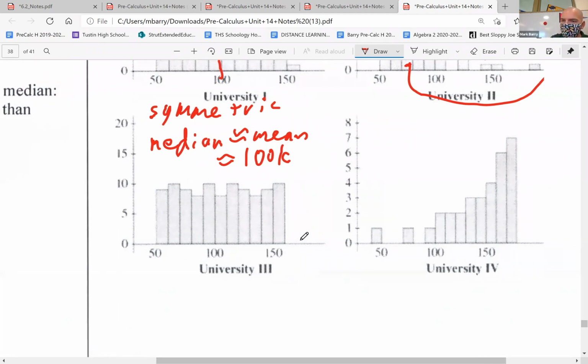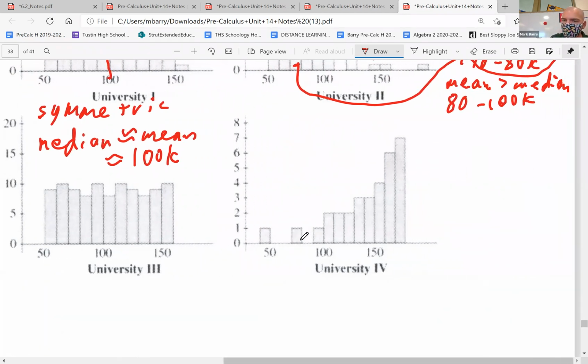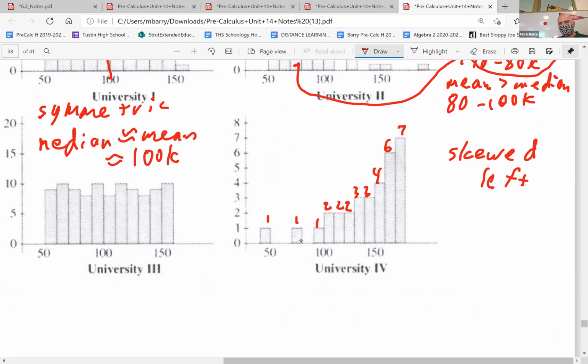All right, and then this one, we have our first skewed left of the day. I'm going to go ahead and count up my frequencies here, get my total number of data points.